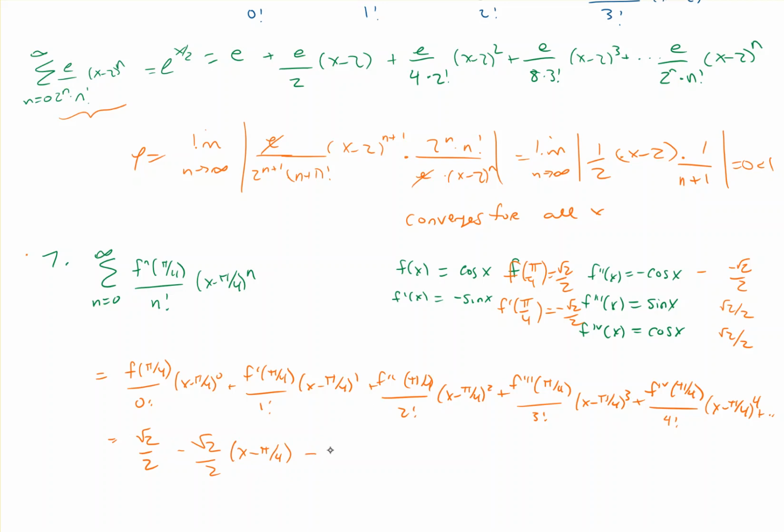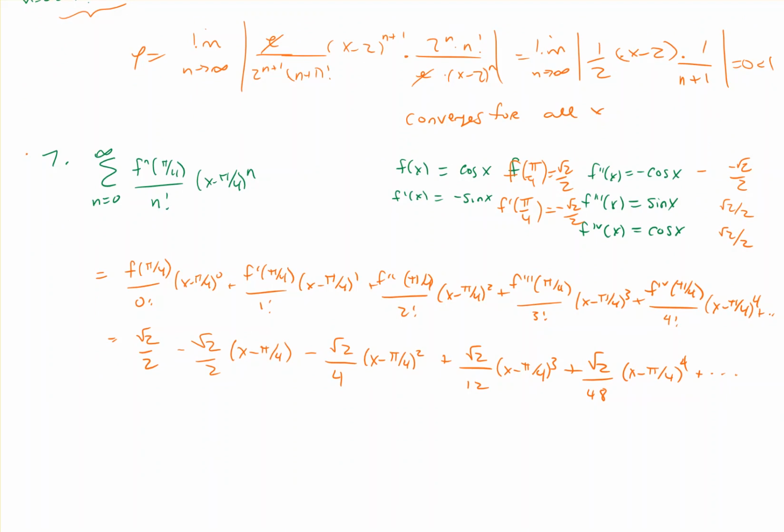Minus again, but root 2 over 2 times 2 factorial. 2 times 2 factorial is 4. This one's now back to positive, right? We're back over here. Now we're positive. Root 2 over 2, with the 2 being multiplied by 6. And we're staying positive. 24 times 2, 48. So I think those are our first 5 terms, folks.